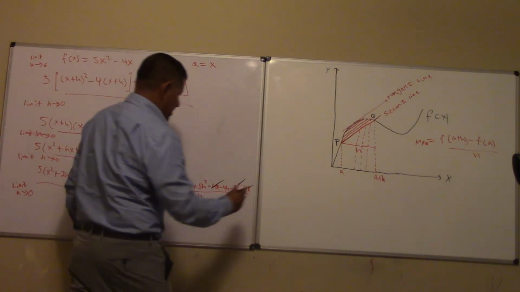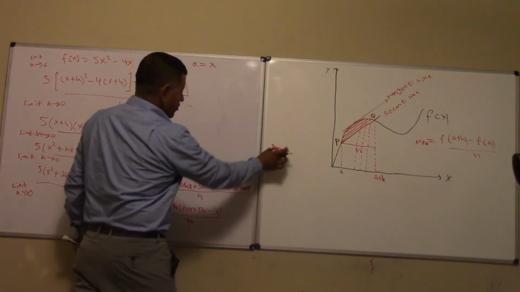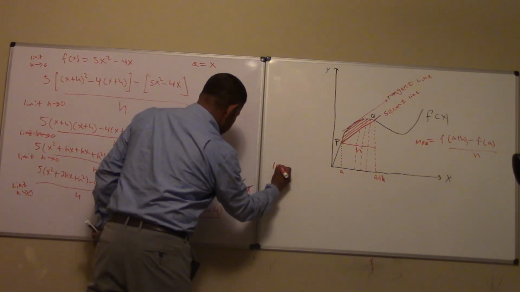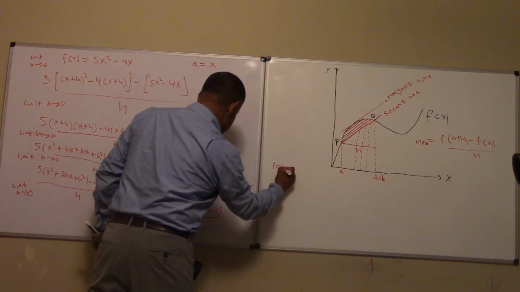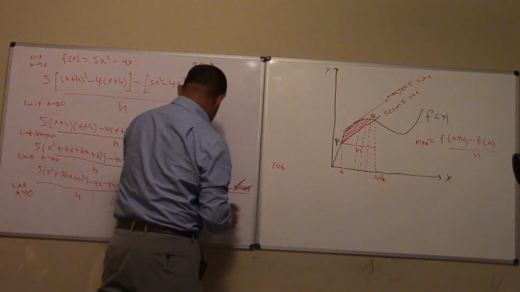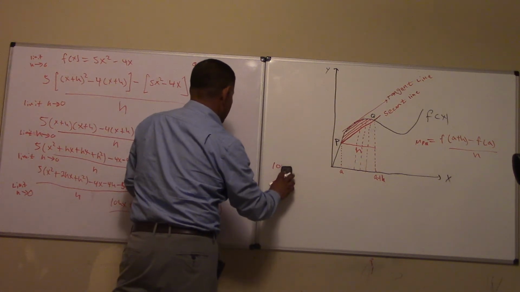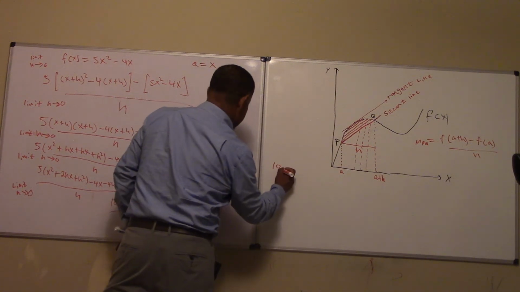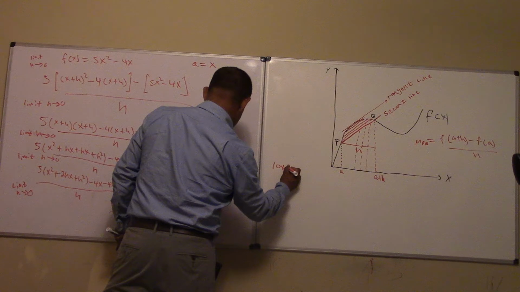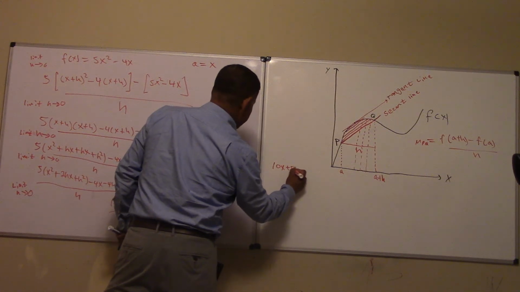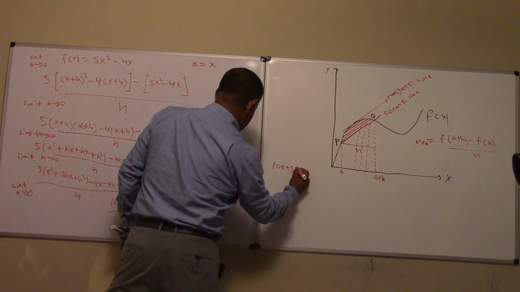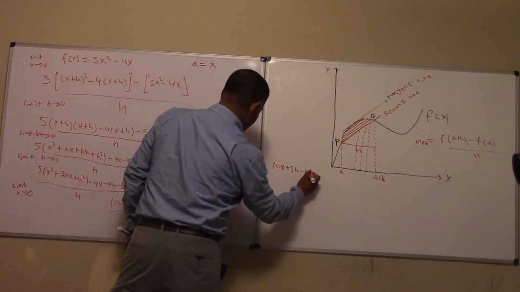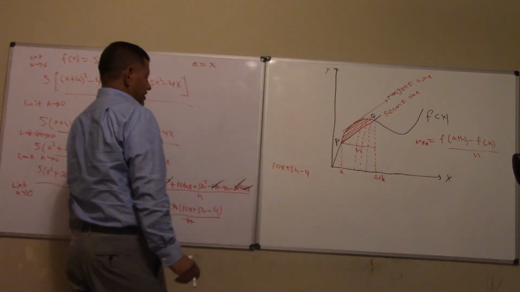I'm going to this board now, and I am left with what? 10x, sorry, I don't have an h there anymore. I have 10x plus 5h minus 4, right?